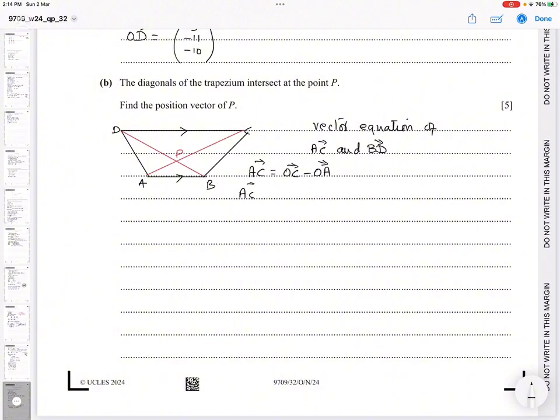So my AC is, OC is my minus 3, minus 2, 2. OA is 2, 1, minus 3. Simplify it, you get minus 5, minus 3, and positive 5. This is my direction vector for AC.